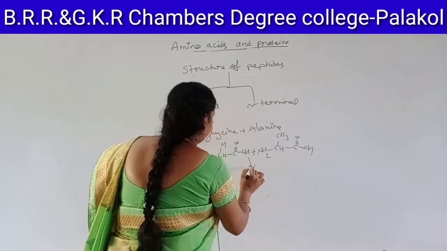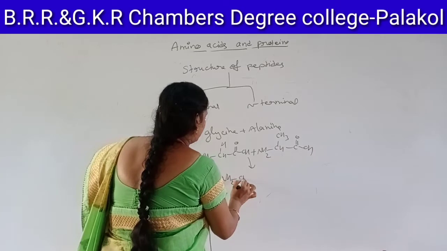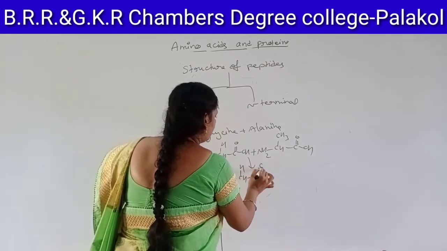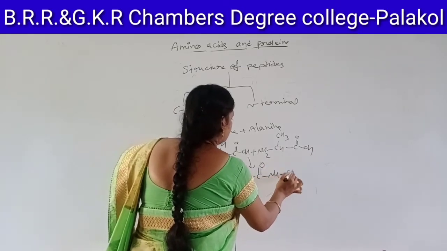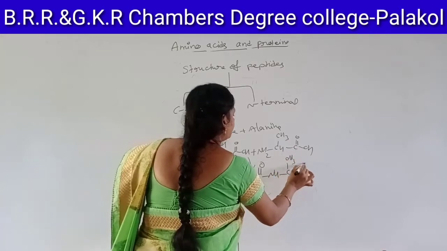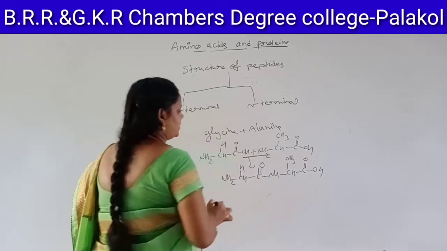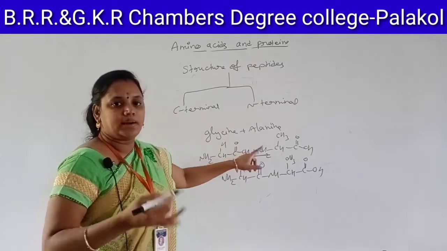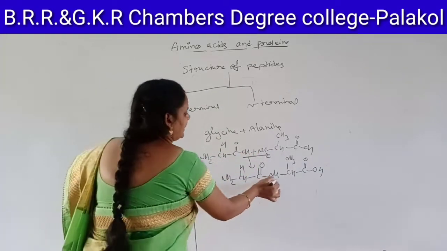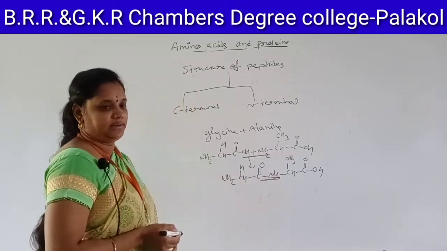If you condense them, you will get NH2 CH2 C double bond O, NH CH CH3 C double bond O. What are we doing here? Peptide linkage. Using these two ends, we are removing water. You got a peptide linkage, C double bond O NH.